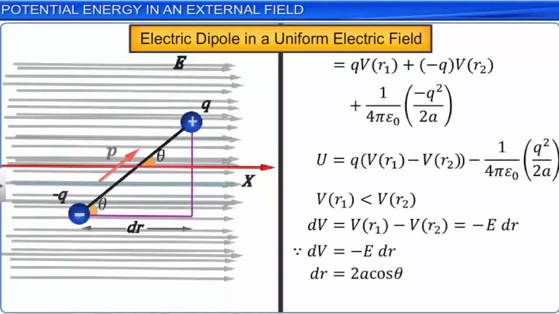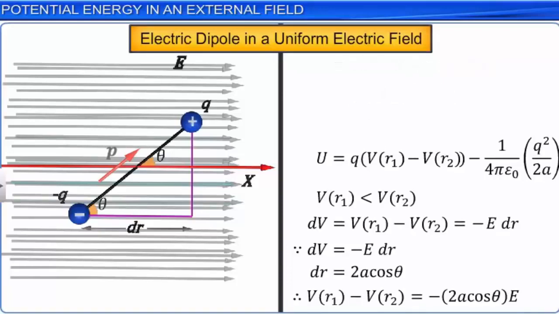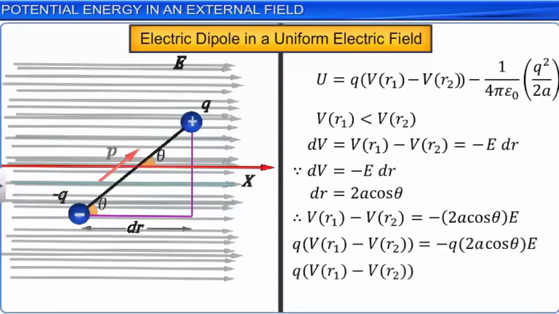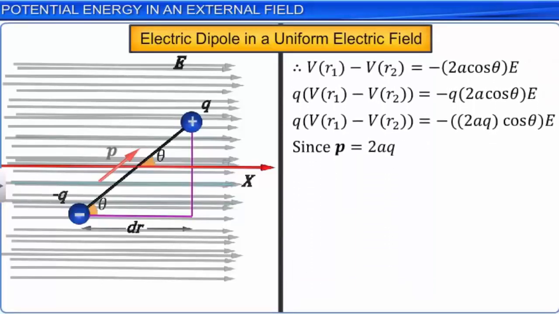Therefore, V of R1 minus V of R2 will be equal to minus 2a cos θ into E. Multiplying both sides with Q, we get Q into V of R1 minus V of R2 equal to minus Q into 2a cos θ into E. Hence, Q into V of R1 minus V of R2 can be written as minus 2aq cos θ into E. And since dipole moment P equal to 2aq, this can be written as minus PE cos θ.